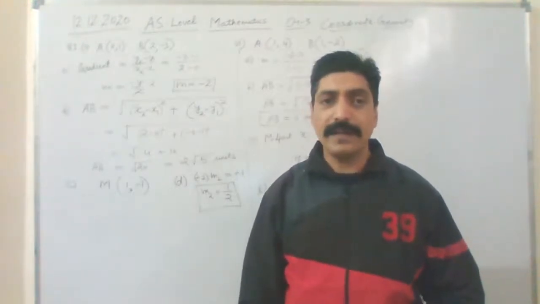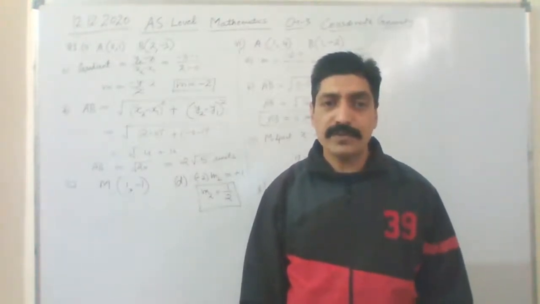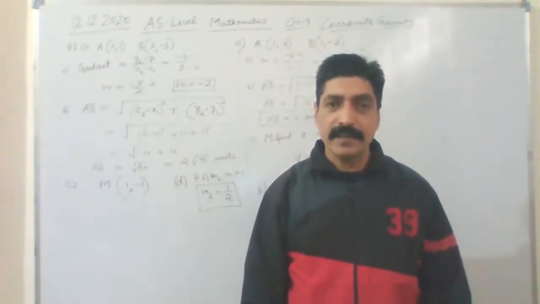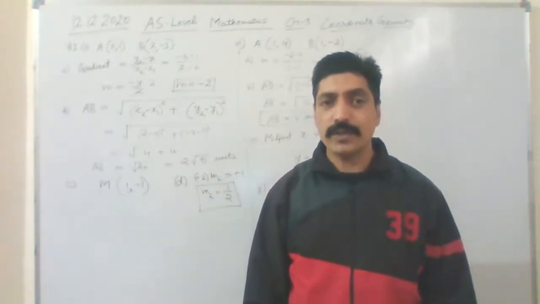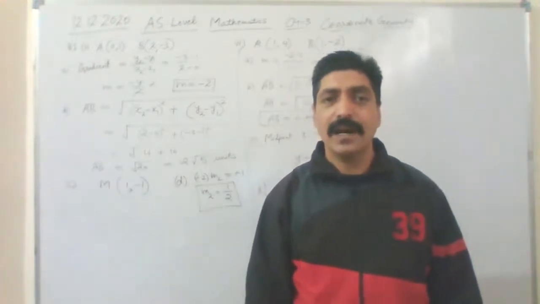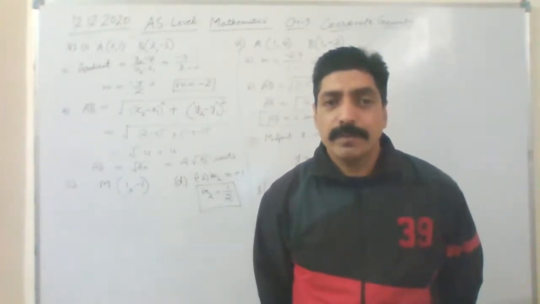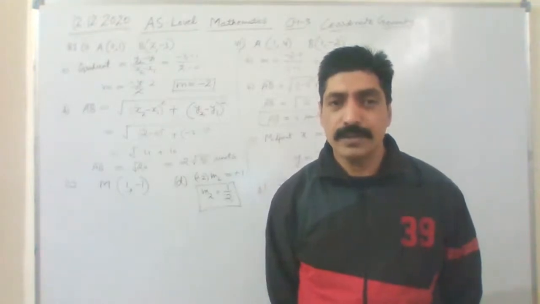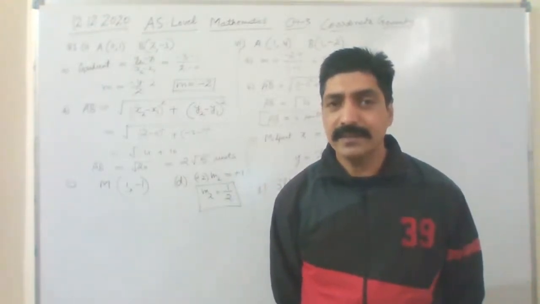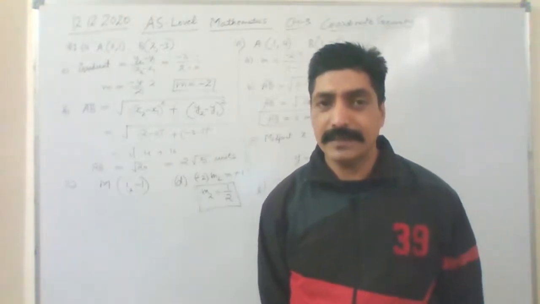The slope of a line can be 0, positive, negative, or infinite. M denotes the slope, and this m is also equal to tangent of theta, because tangent of theta is perpendicular upon base. So tangent theta defines the slope of the line.